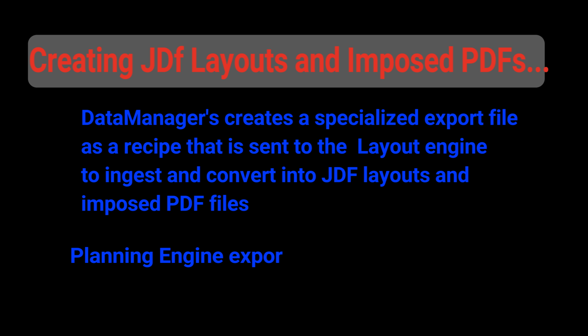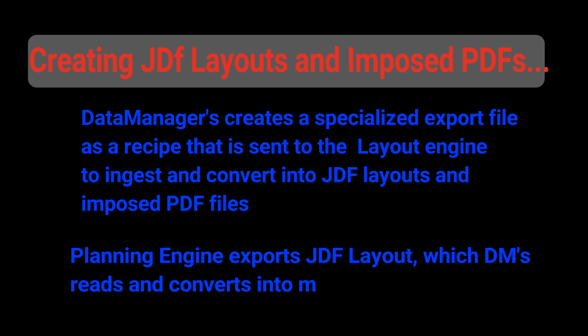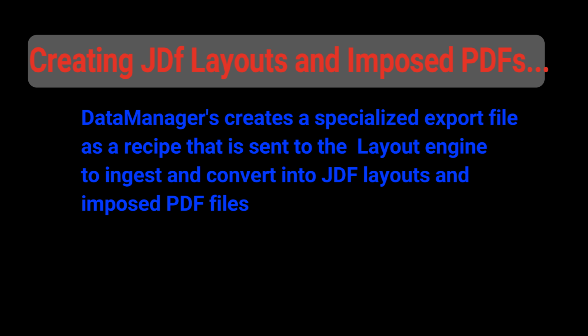Data Manager's ability to read and translate the layout JDF file, which simply is a precise digital recipe or mechanical of how the layout is put together, provides invaluable production information to manage print production.